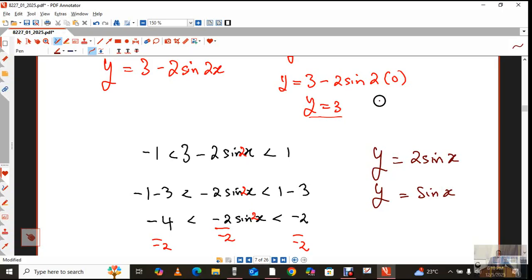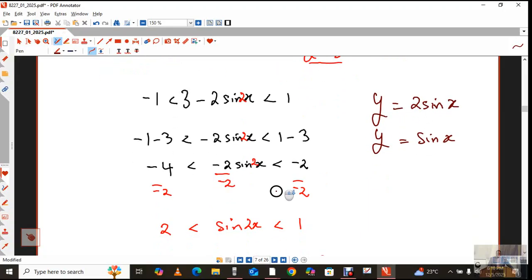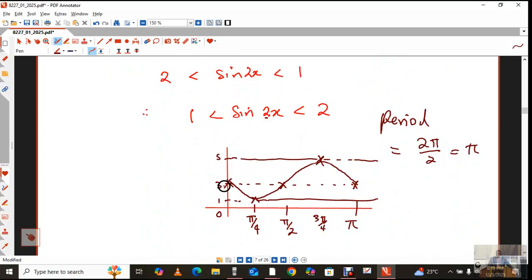This 2 here affects the amplitude. You get what I'm saying, right? Here the amplitude is 1, so this one is just going to go between 1 and -1. This one is 2, so from your middle line, which is the line y equals 3, I need to go 2 places up and 2 places down. That's what I mean by that.